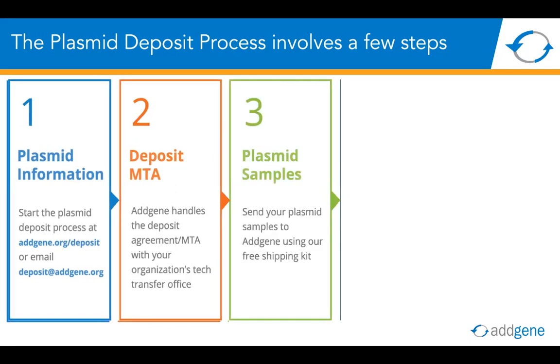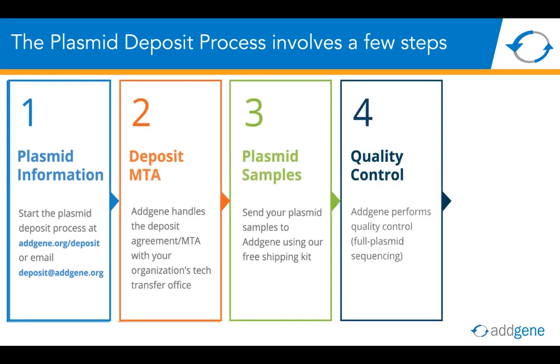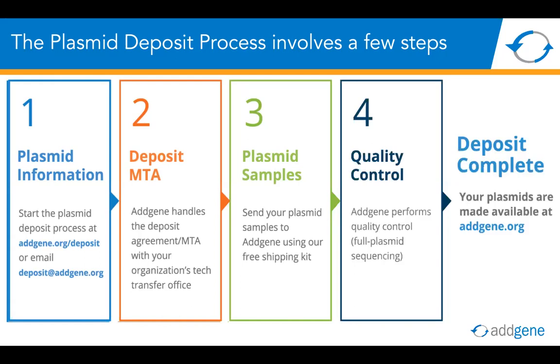Then once that has been approved, we'll ship you a prepaid deposit kit so that you can ship the plasmids to Addgene. And then we perform quality control, and once everything checks out, your deposit is complete and your plasmids are made available at Addgene.